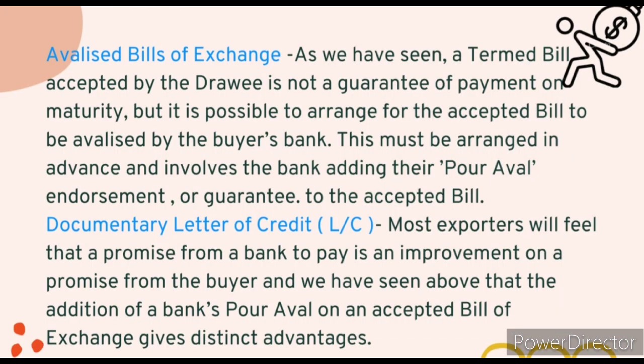Next is avalized bills of exchange. As we have seen, a term bill accepted by the drawee is not a guarantee of payment on maturity, but it is possible to arrange for the accepted bill to be avalized by the buyer's bank.